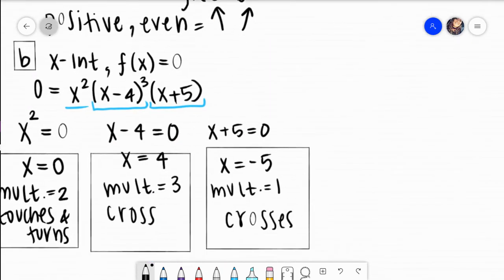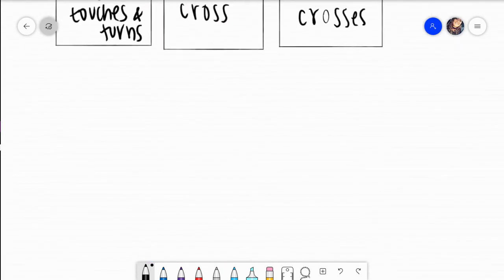Okay, so for my y-intercept, this was C. That was not a square. This is C for my y-intercept. What we need to do is f of 0. We've been doing x equals 0.